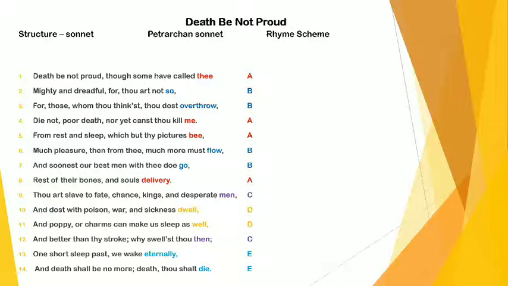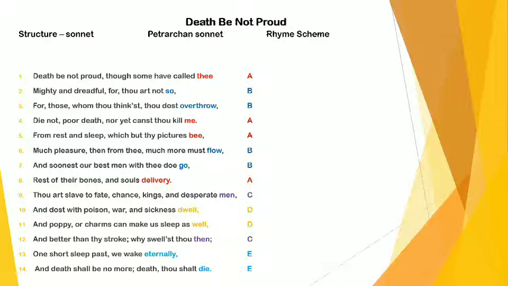Some people read a Shakespearean sonnet in this poem also. They believe that this poem is a Shakespearean sonnet because the final 2 lines, line number 13 and 14, rhyme together like a Shakespearean sonnet. In a Shakespearean sonnet, there are 3 stanzas of 4 lines each.